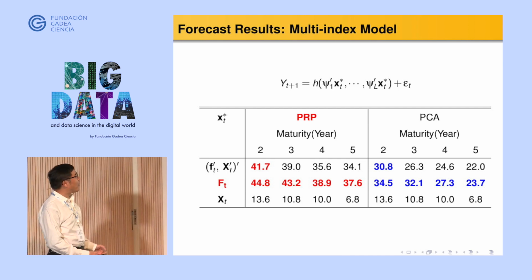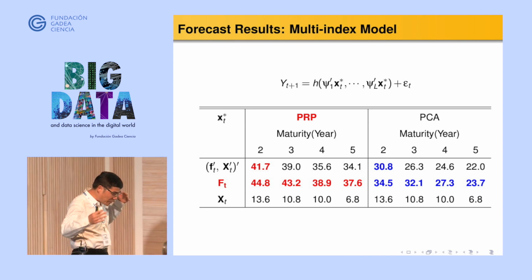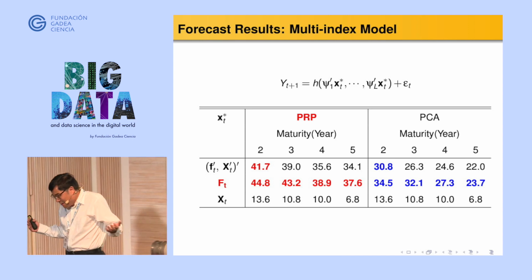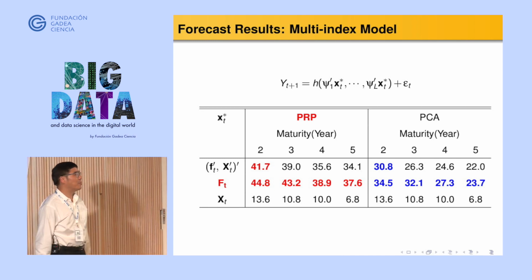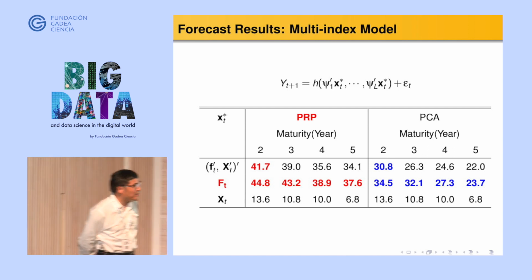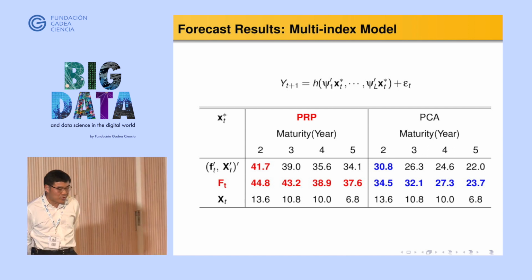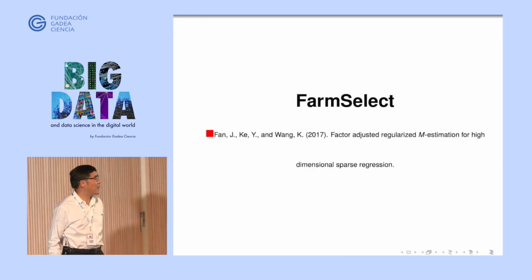So when I do FarmSelect, I now get the variables I want. If you take a linear combination of genes, it's very difficult to understand what that means, but if I select a gene, it would be more useful. So this is factor-adjusted regularized M-estimation, or factor-adjusted regularized model selection, or FarmSelect, that we have.